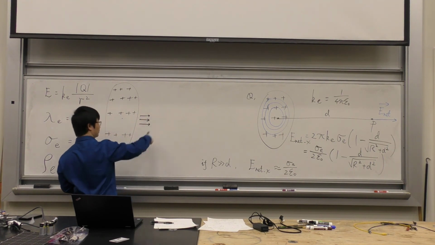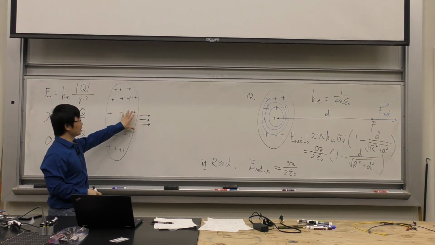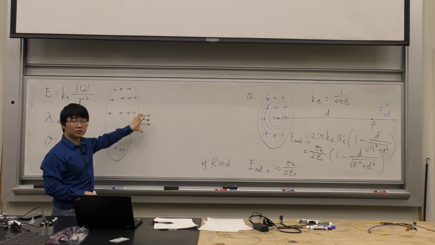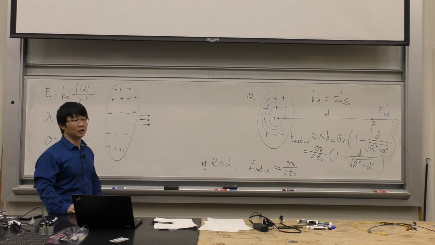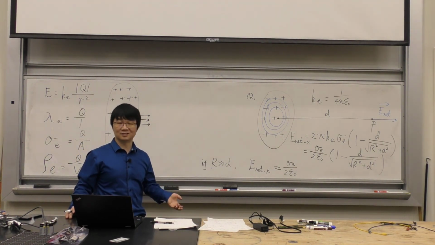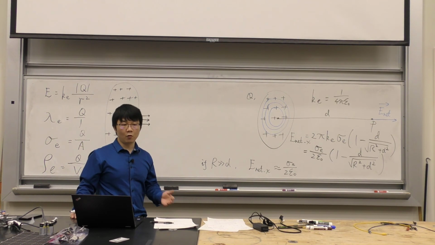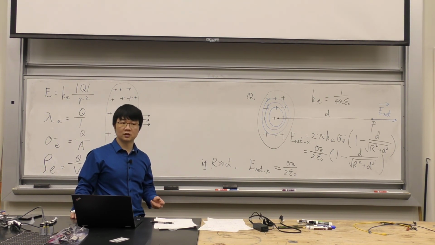So in this region, if it's a point very close to it and you are only interested in the region in the center, the electric field is going to be almost uniform, almost constant. And we like uniform, constant electric field, because that's easy. If I want to calculate force or anything using that electric field, that's going to be easy. I don't want to use a crazy electric field. I don't want to calculate forces and motion of electric charges in a very complicated electric field. I want everything to be easy.